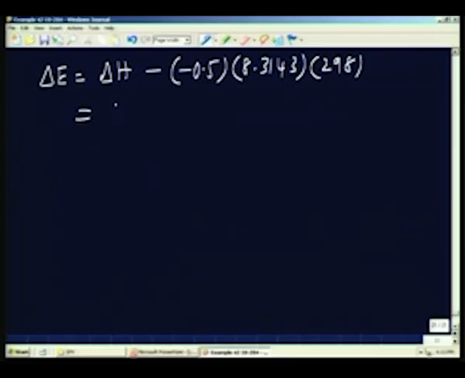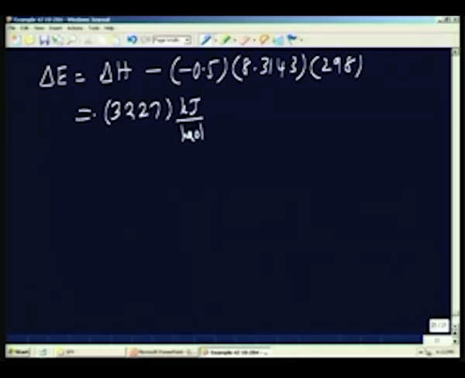And delta H, because we are burning benzoic acid, the heating value is already given to us as 3227 kilojoules per mole.